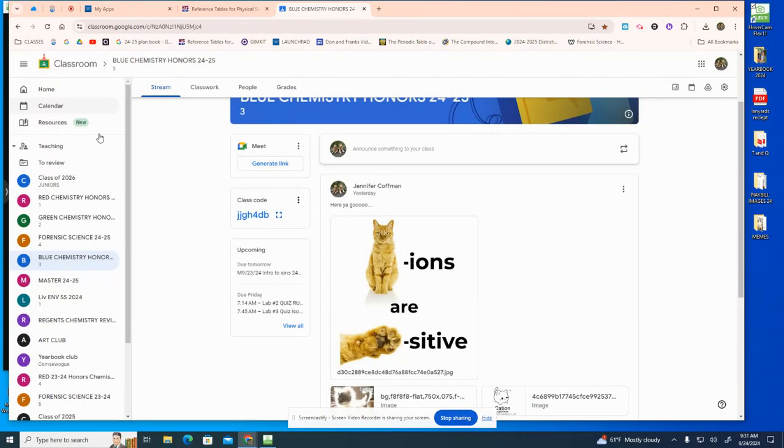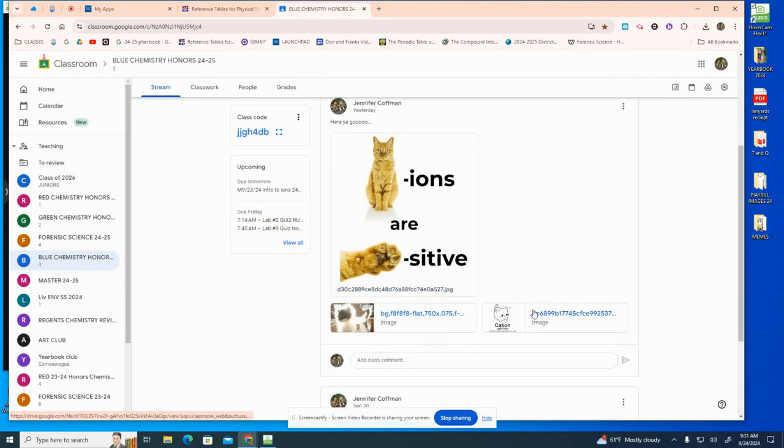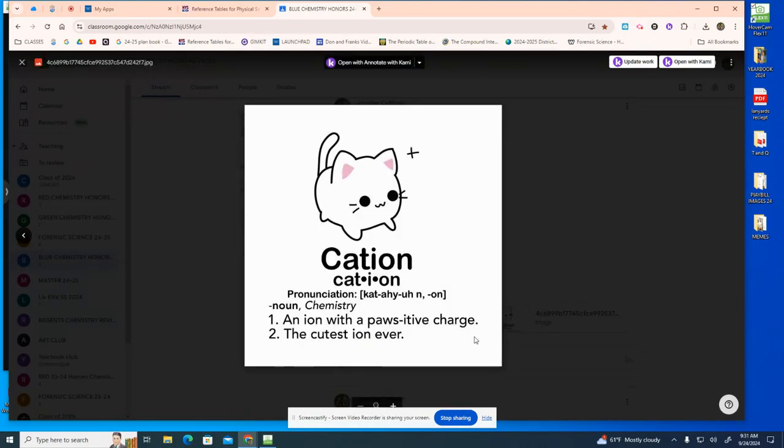Cations are positive. Good. This one is my favorite. Cations are positively charged. Look at that cute little kitty. And then this one says cations are an ion with a positive charge, the cutest ion ever, just like Jack. It does look like me.